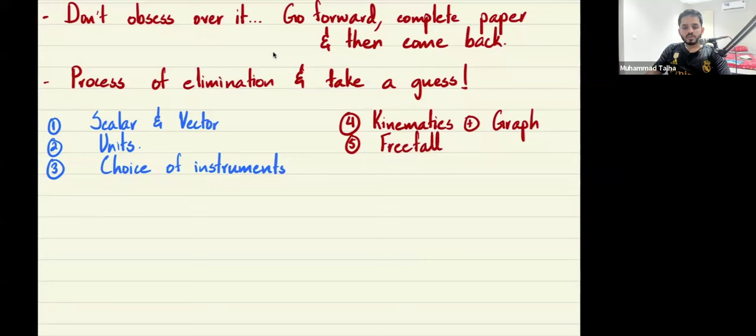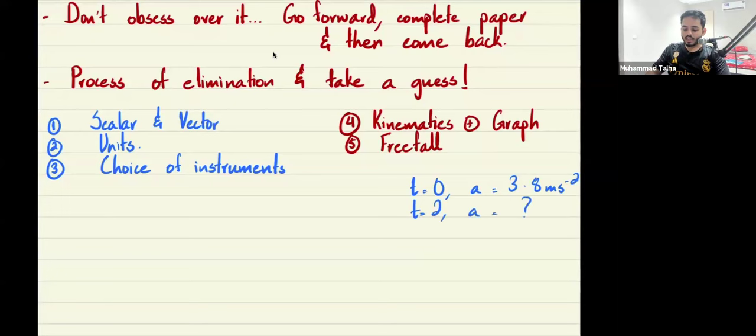Do keep in mind that we have had questions. There was this one question off the top of my head in a very recent IGCSE paper, I think summer or March 23, in which something is falling and at time t equals 0, when it is dropped, the acceleration was 3.8 meters per second square. After it has fallen some height, let's say 2 seconds later, what is the acceleration?